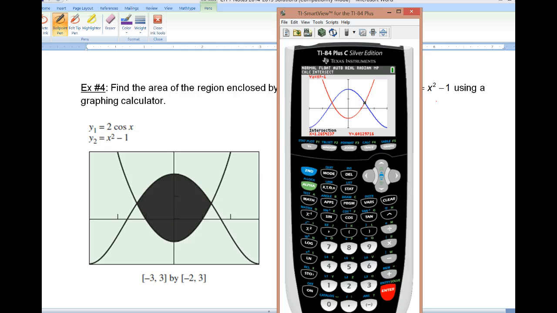So you only have 2 graphs in your y1 and y2, right? So it's just going to automatically pick the first curve, jump to y1, then press enter, and it's going to jump to y2.